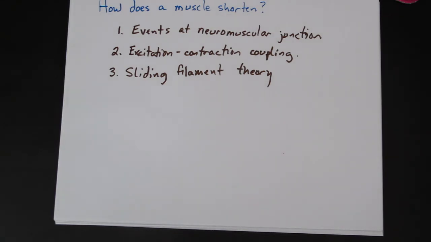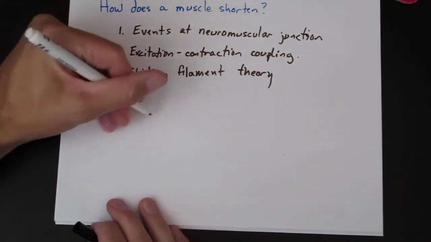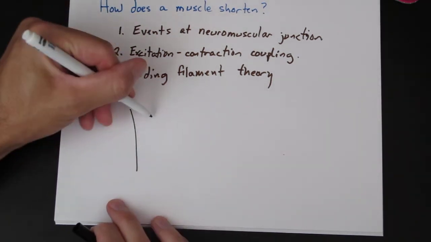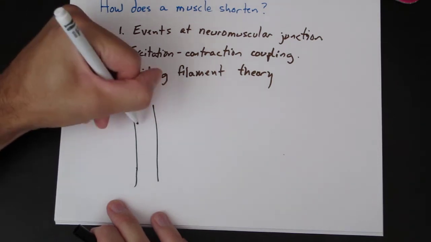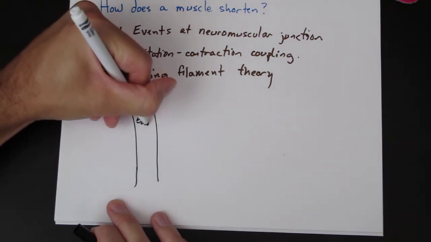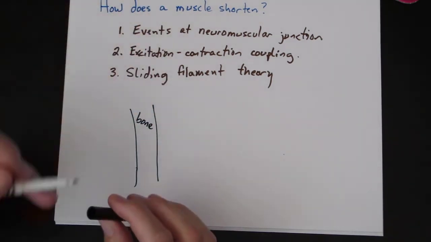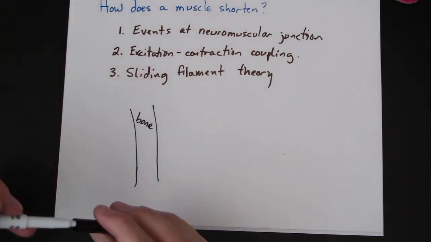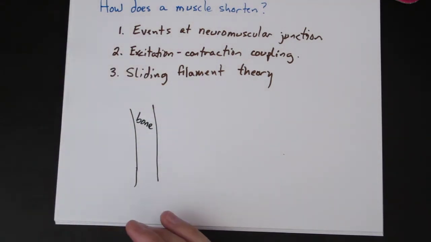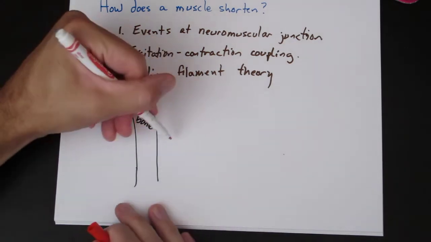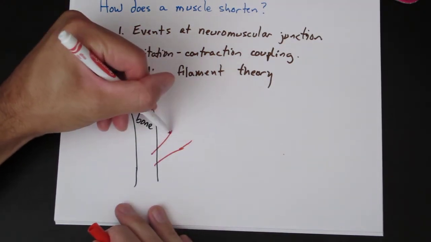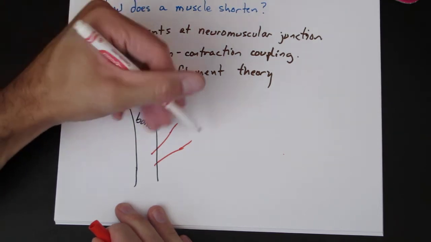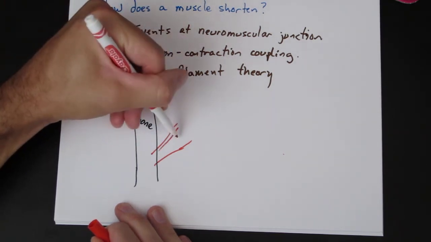So skeletal muscle itself is so named because it's attached to our bone. So here's our bone right here. And we have a muscle attached to it via a tendon, right? So we have this muscle that's been attached. We're kind of cutting off the other end of it here. So we have this sort of tendon, right?